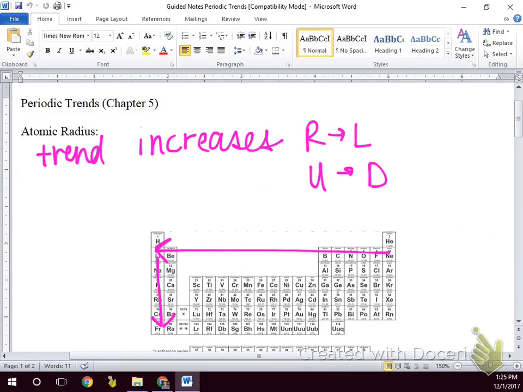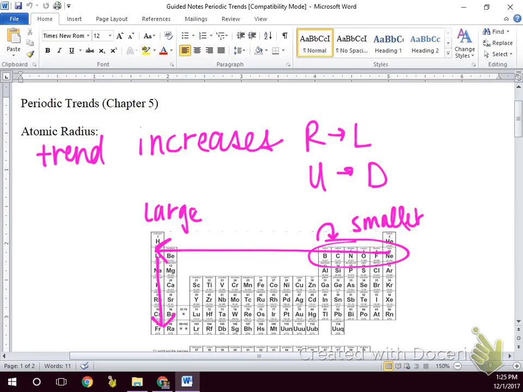Okay, so these guys have a larger atomic radius, right? I'm just going to say large to small, or smaller at least. We decrease in atomic radius as we move this way because every time we move over an element, what happens to the number of protons? If we go from boron to carbon, what happens in terms of protons?